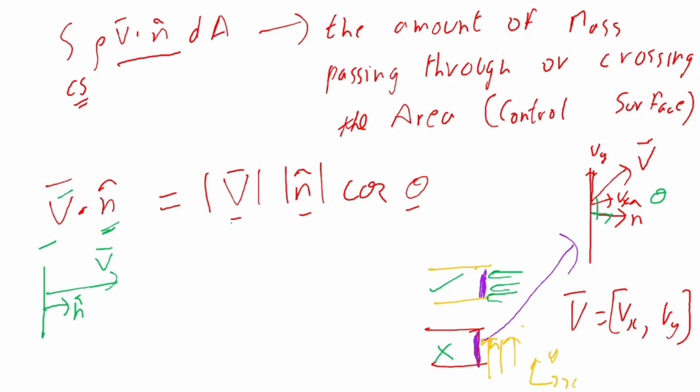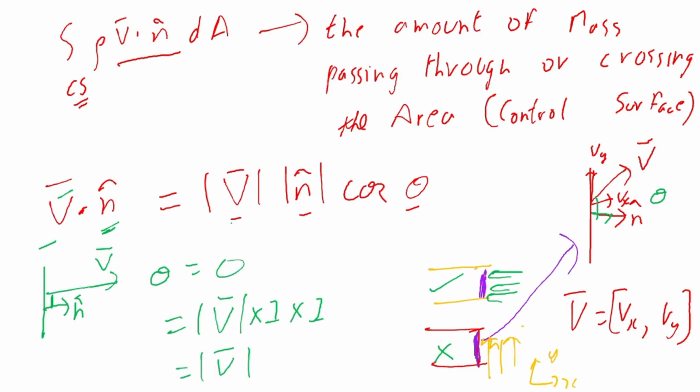Theta between them is 0, since they are in the same direction. So v dot n is the magnitude of v times 1 times cosine 0, which is 1. So all it says is just the magnitude of v.